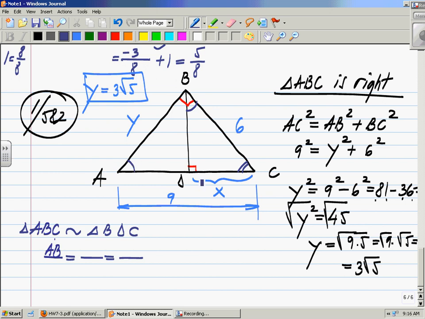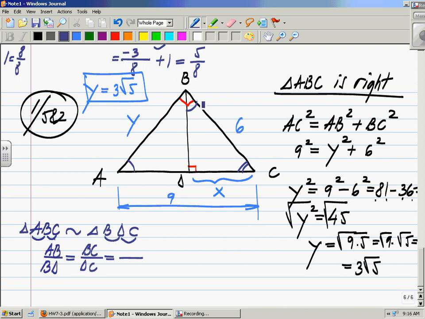AB opposes angle C. Which one opposes angle C in the second triangle? BD. I'm following the order in which the triangles are written, right? AB was over BD. BC over what? DC.